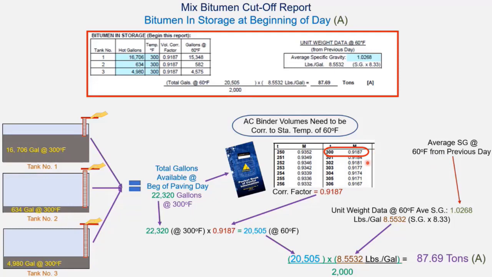You've got your gallons at a standard temperature, and you want to know the specific gravity of the manifest, the average of the day from the day before. You put that in there, and what you end up with is tons. You've got a certain amount of tons for the beginning of the day.